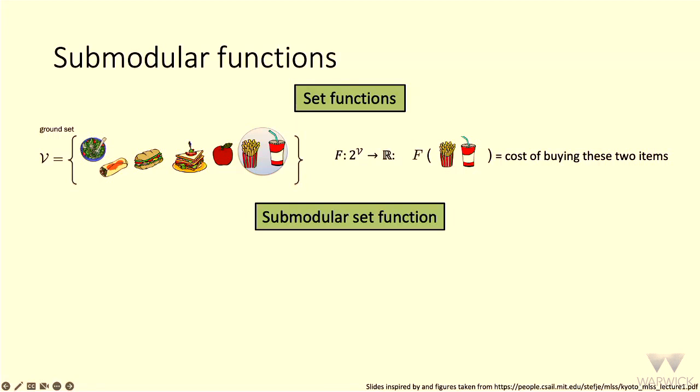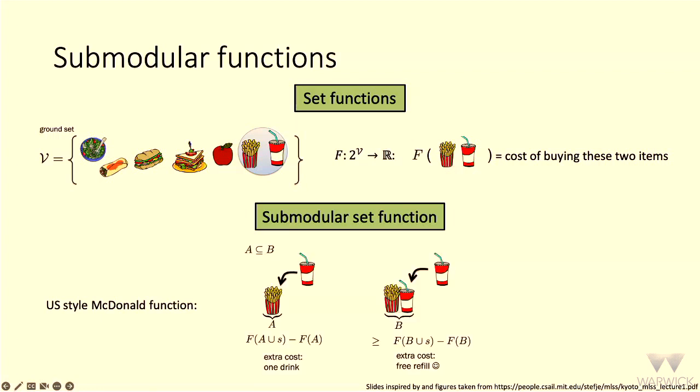When a set function is submodular, the best way to remember this is to think of the US-style McDonald's function. In the sense that if you have chips and you want to add a drink to it, the amount that you have to pay is more than if you have chips and drinks and you want to add another drink to it.